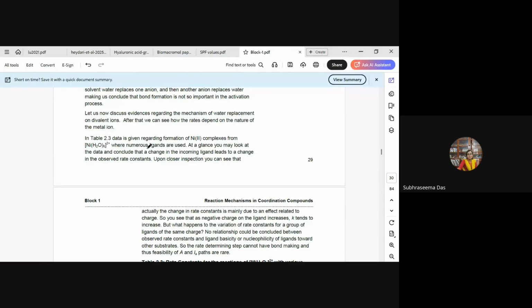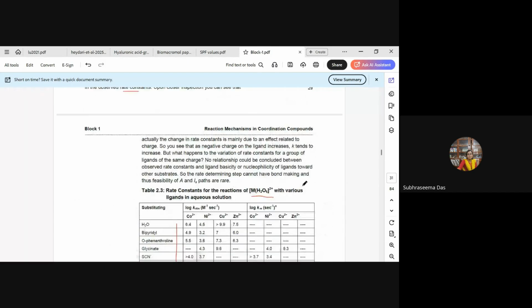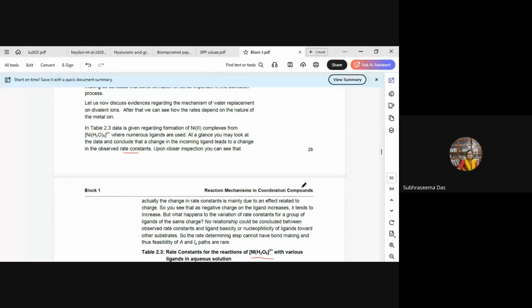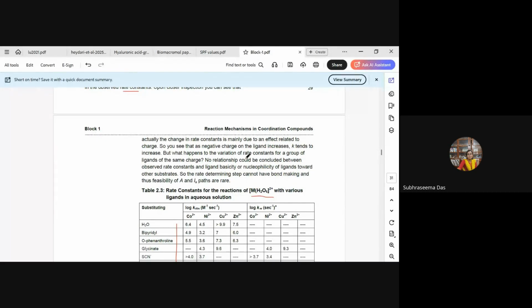We can conclude that a change in the incoming ligand leads to a change in the rate constants. If the ligand is substituted by other ligands, there is a change in the log k values, that is the rate constant values. We can also see that the change in rate constants is affected by the charge.